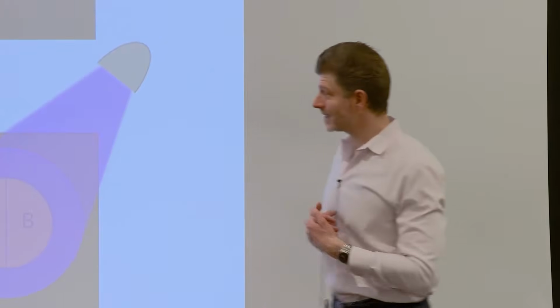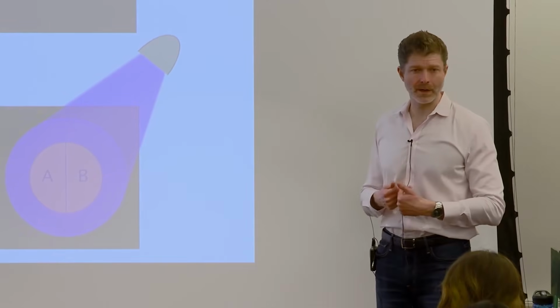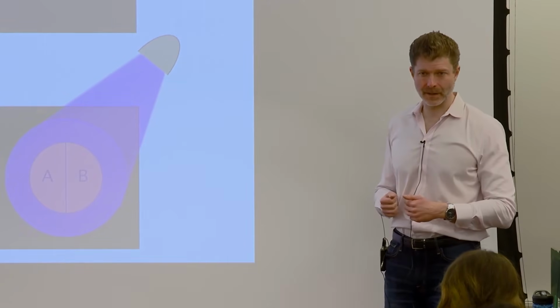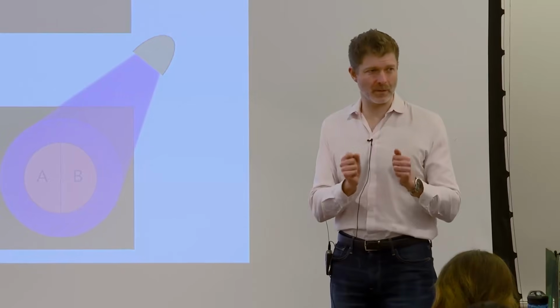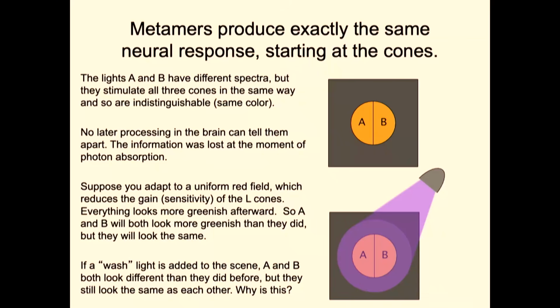So if you do that and you then look at these lights A and B, both of them will look more greenish than they did before, but they'll look the same. Okay, so you're reducing the sensitivity of one of the types of cones, so its response gets a little bit lower, but because of the linearity of this process, light A and light B will still generate the same cone responses even though they'll be different than they were before.